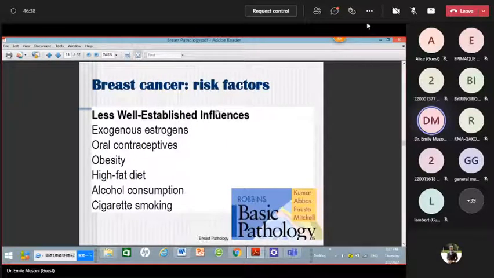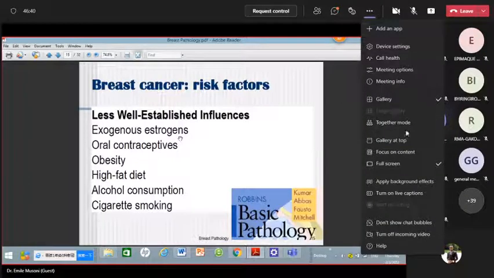Those well established include the influence of exogenous estrogen, oral contraceptives, obesity, high fat diet, alcohol consumption, and cigarette smoking.